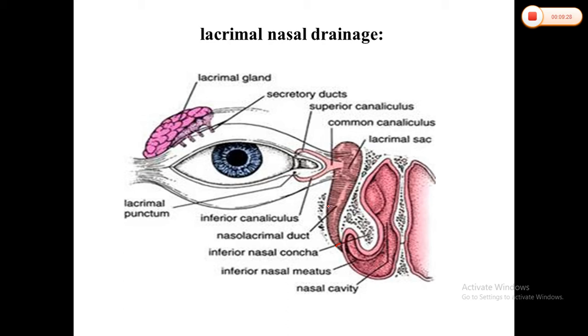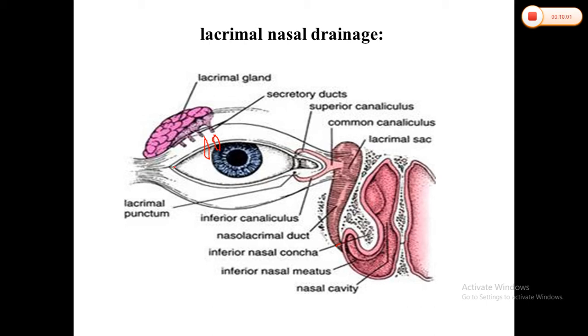Now, how do the tears travel? Once tears have been secreted from the main and accessory lacrimal glands, they are distributed evenly over the ocular surface. This is our lacrimal gland, from where our tears are secreted.